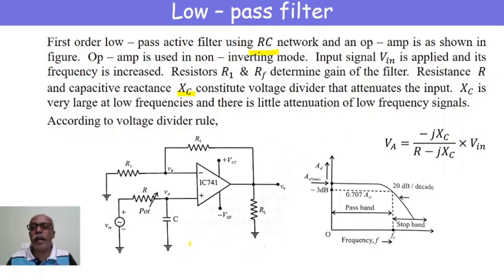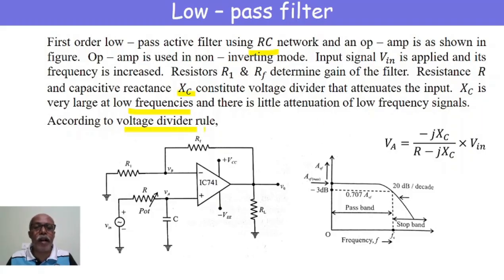This voltage divider will attenuate the input signal, blocking the unwanted signals. Xc, the capacitive reactance, is very large at low frequencies, and therefore little attenuation of low frequency signals will take place.